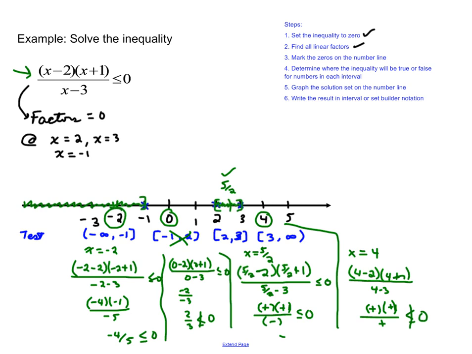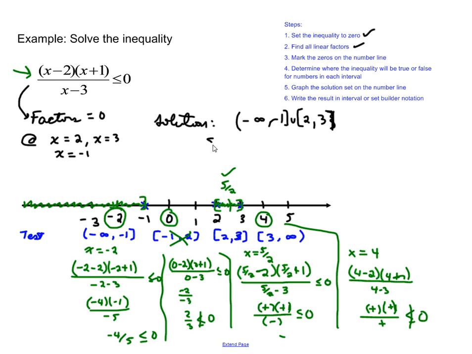So our solution set, written in interval notation, will look like the set from negative infinity to negative 1, union with the set from 2 to 3. Or, pardon me, that's a square bracket right there.